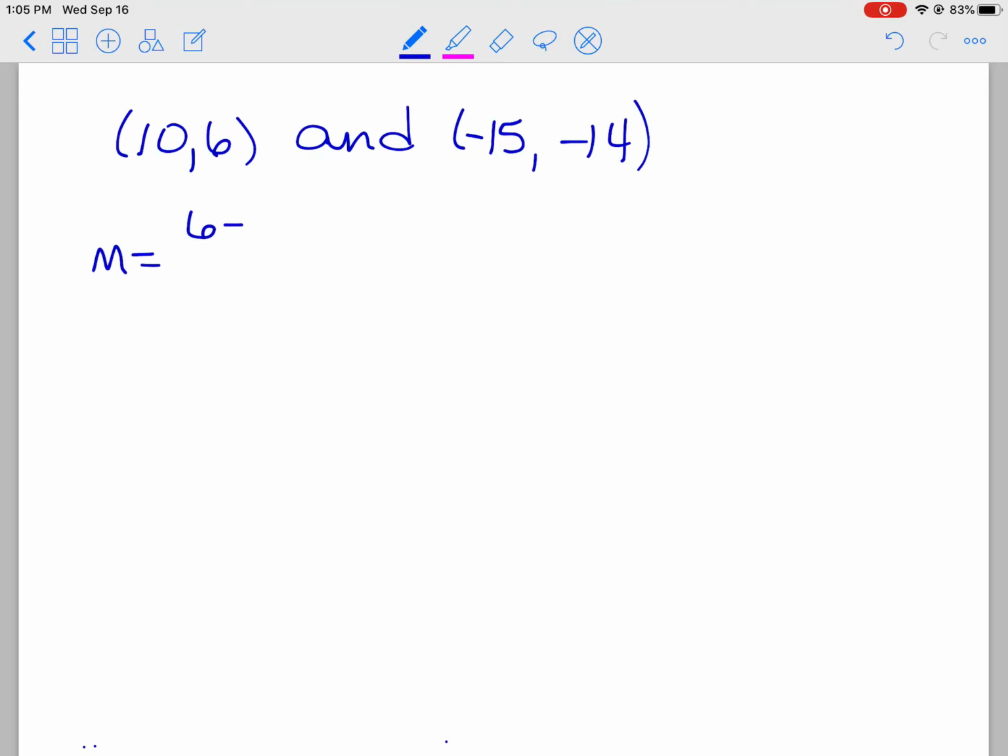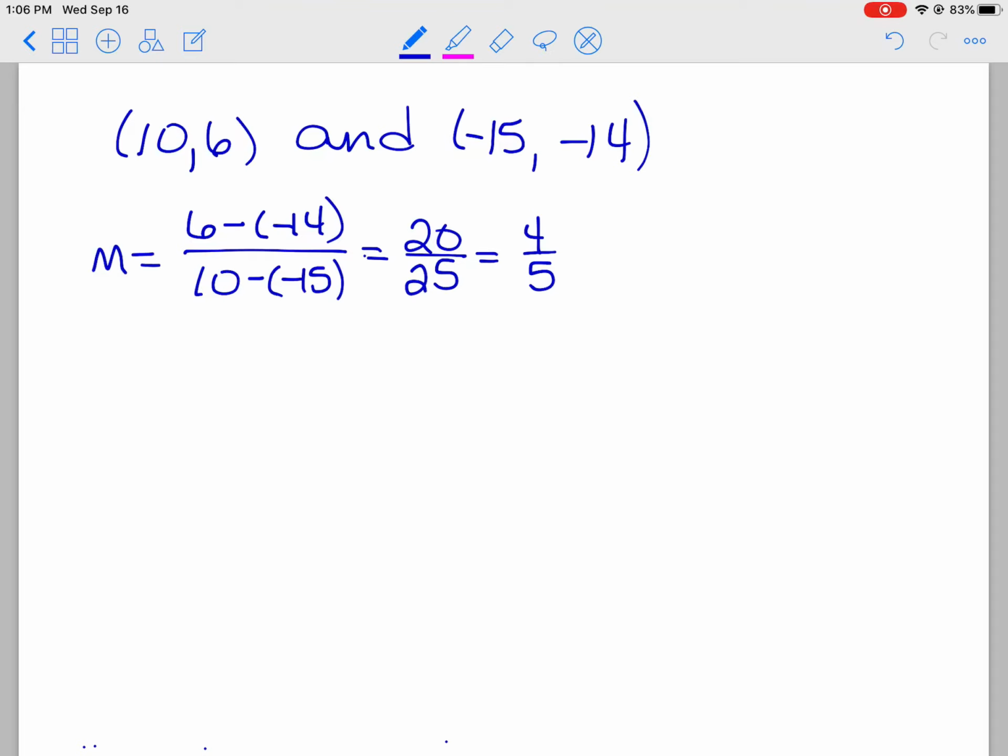Subtract, so that's going to be 6 minus negative 14 over 10 minus negative 15. 6 minus negative 14, remember 2 negatives become a positive, so that becomes 20. 10 plus 15 becomes 25. We can reduce it. 5 will go into both, and it gives me 4/5.